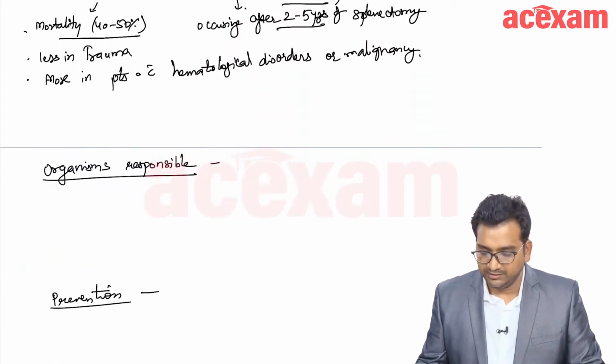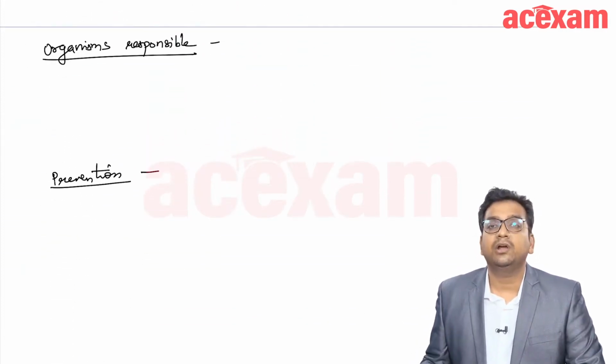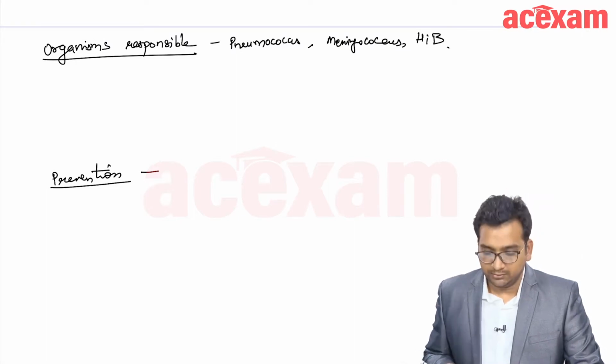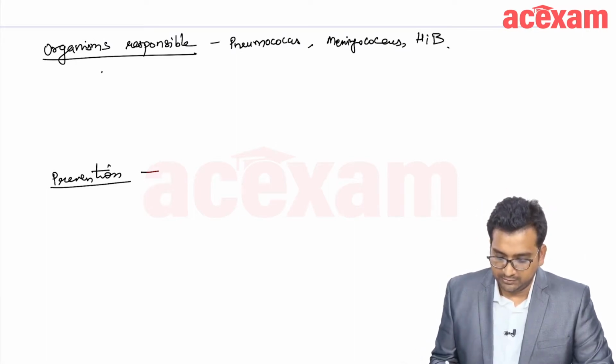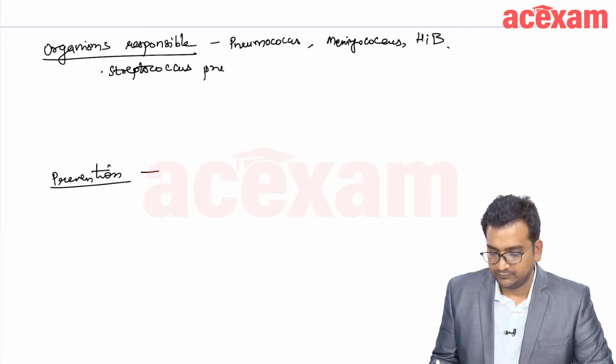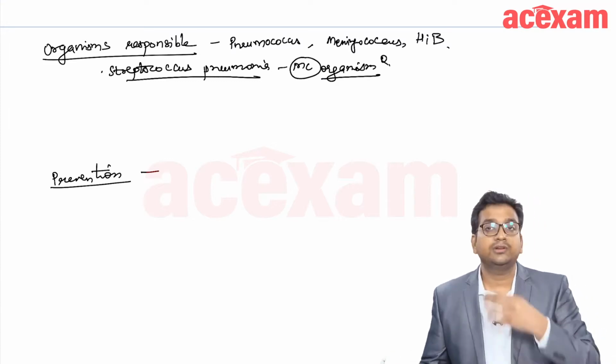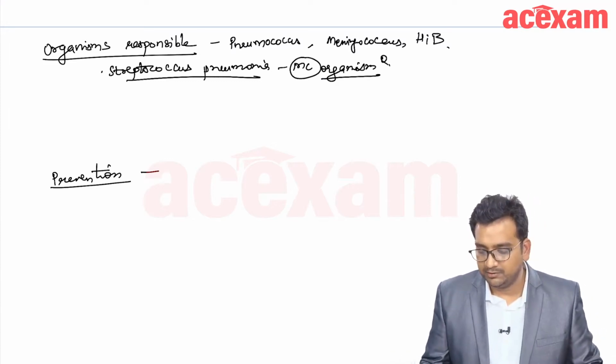Now, what are the organisms responsible for OPSI? The way I remember it is simple: pneumococcus, meningococcus, and Haemophilus influenzae type B. Actually, it is Streptococcus pneumoniae, also known as pneumococcus, which is the most common organism responsible.